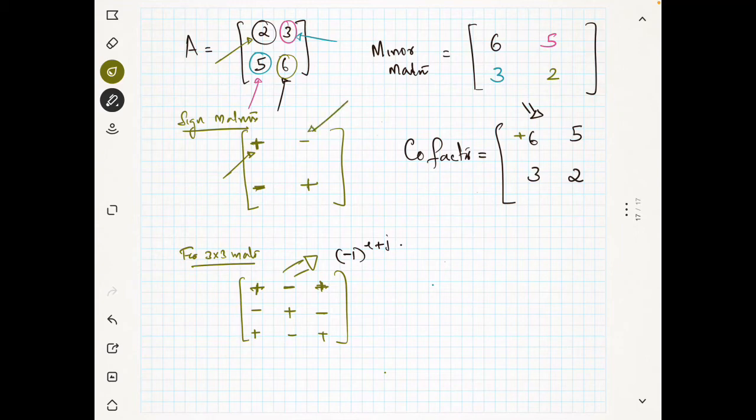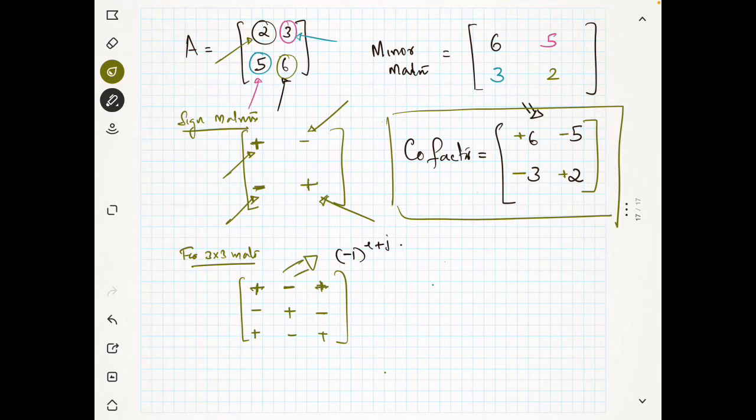Now this element is negative, so put negative. This element should be multiplied with -1, so it is minus. This element should be multiplied with plus, so it is plus. So this is known as the cofactor. I hope this is clear to you. This is a cofactor. Now I will take the transpose of this.